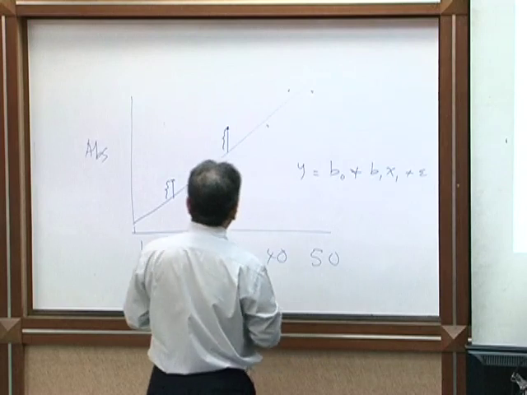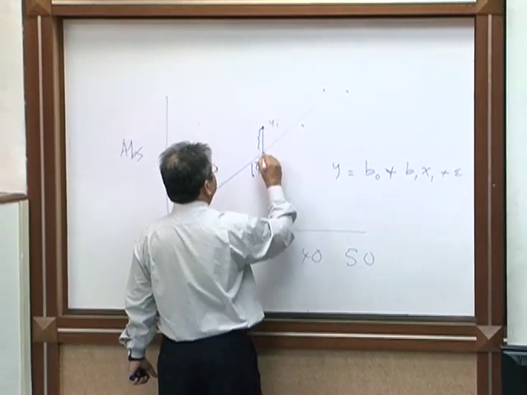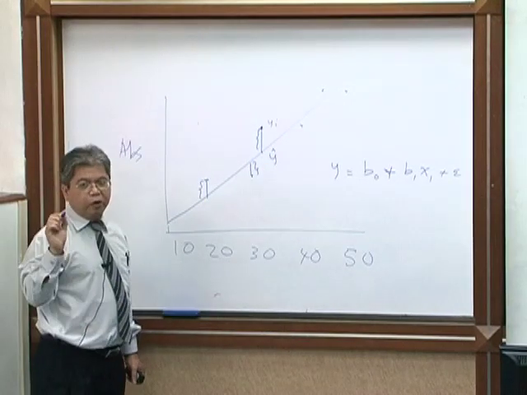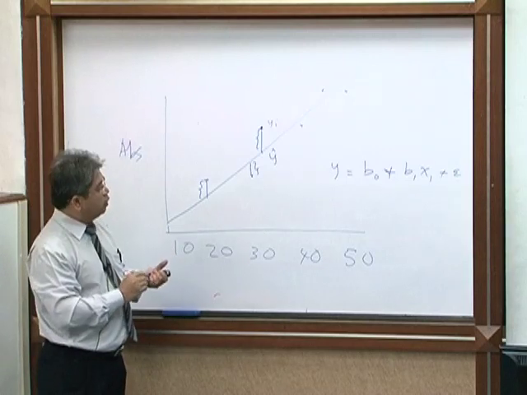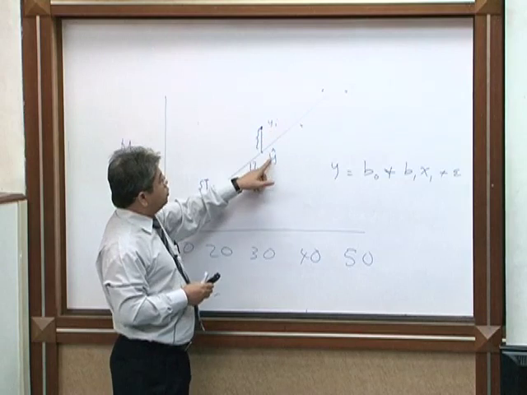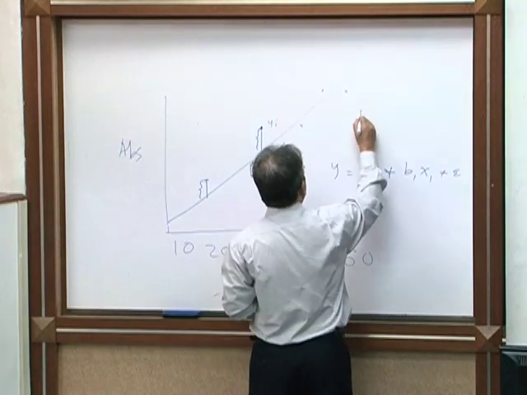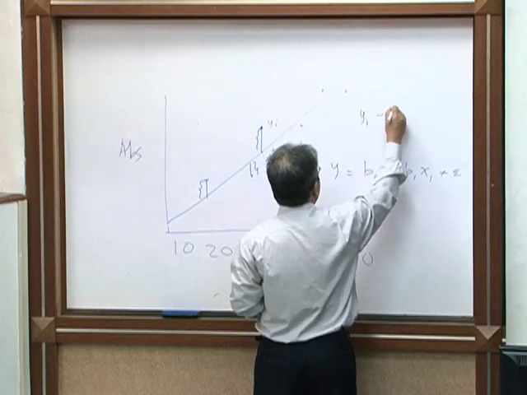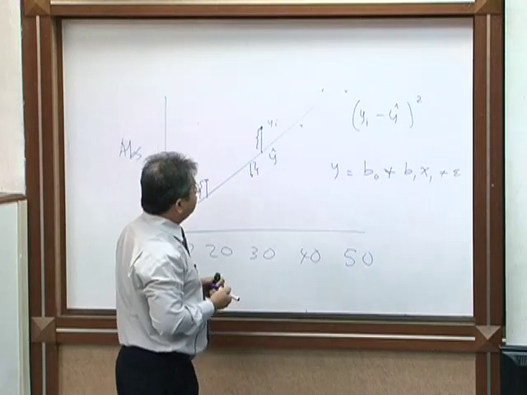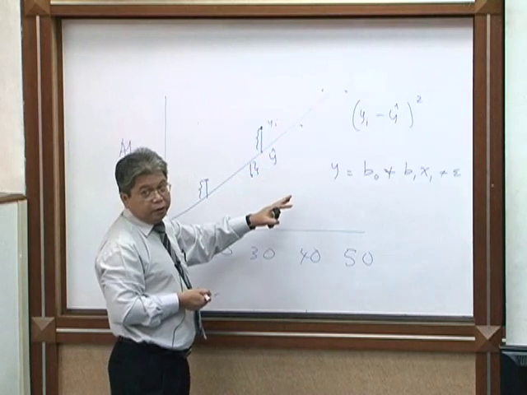What is the error? Let's say this is yi, and remember this is y hat. The point exactly on the line is called y hat. So this is yi, the observed value, and this is y hat. The error is yi minus y hat. And we square the term. We square the error term because otherwise the total error will be 0, right?